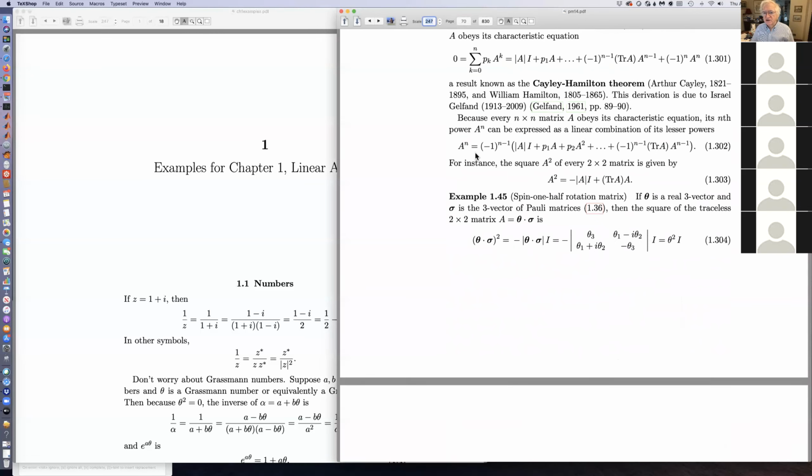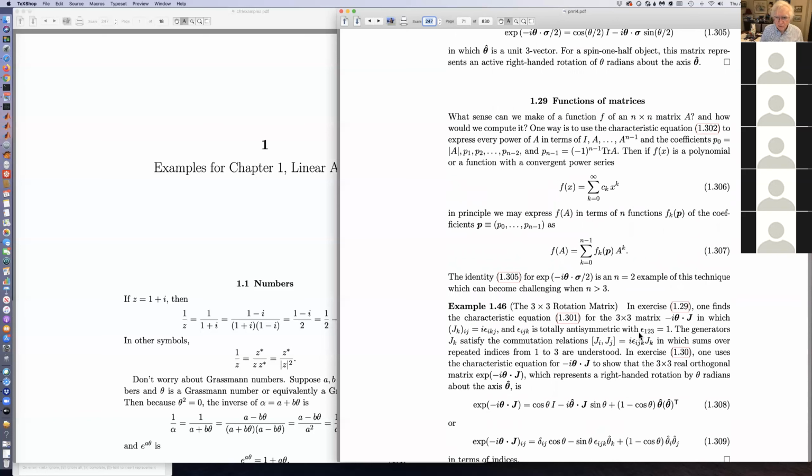And so you can write f of A always as a polynomial of the first n powers of the matrix A, starting with 0 and going up to n minus 1. So that's a useful thing to do for n equals 2, and it's a possible thing to do for n equals 3, but beyond that, it's a kind of nightmare.